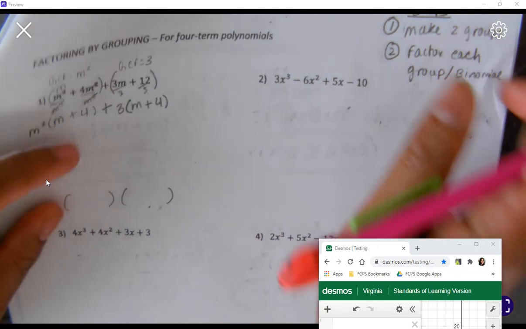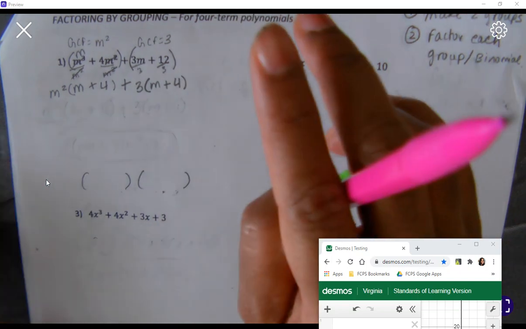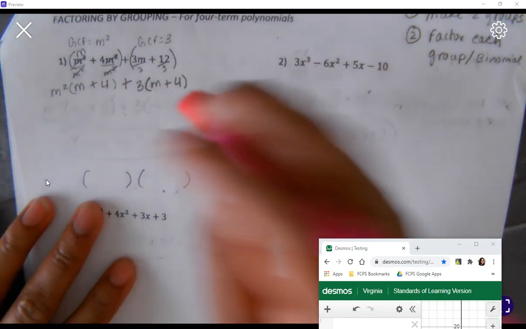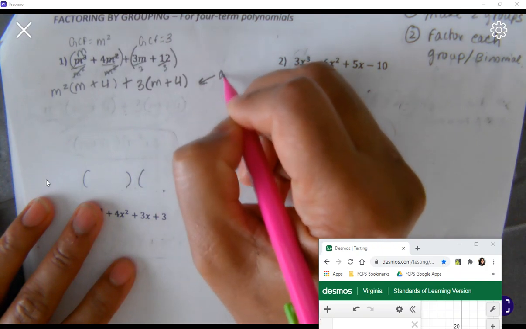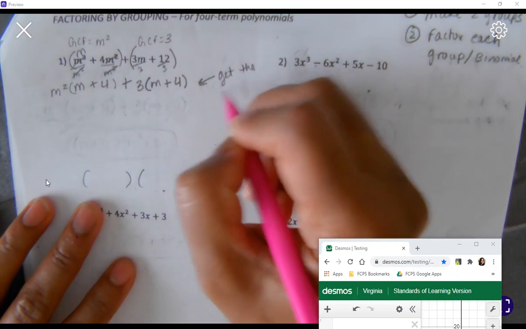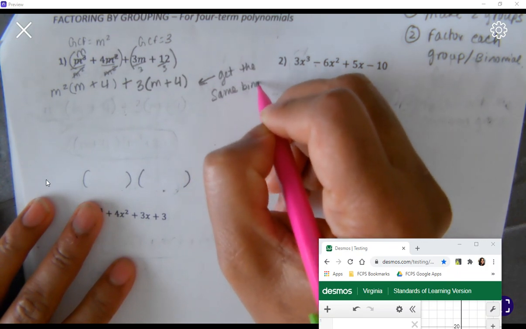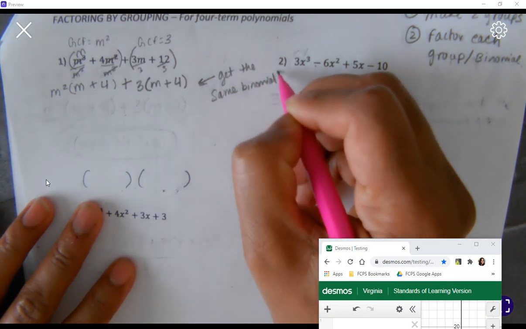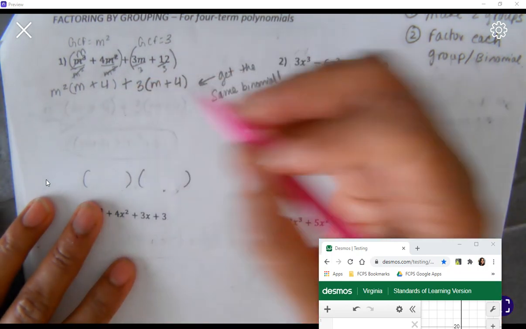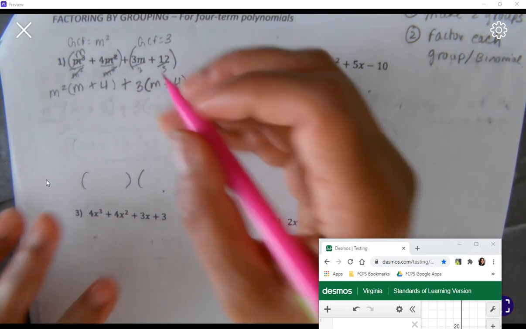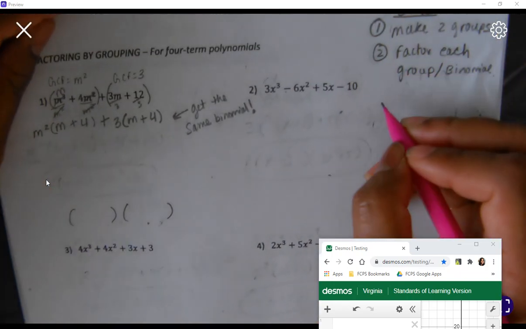When you do this correctly, you should always get the same binomial in the parentheses. So we do m plus 4 and m plus 4. If you didn't get the same thing, then we did something wrong with the factoring. So that's step 2.